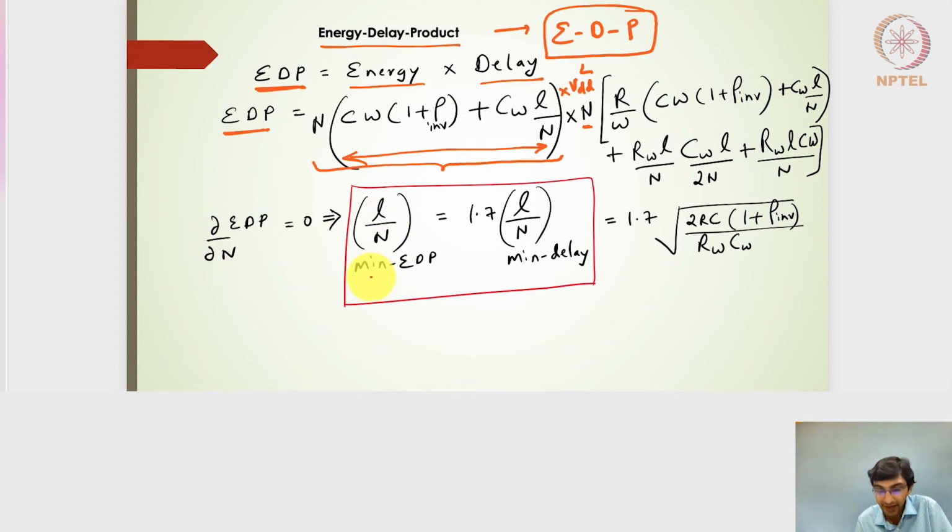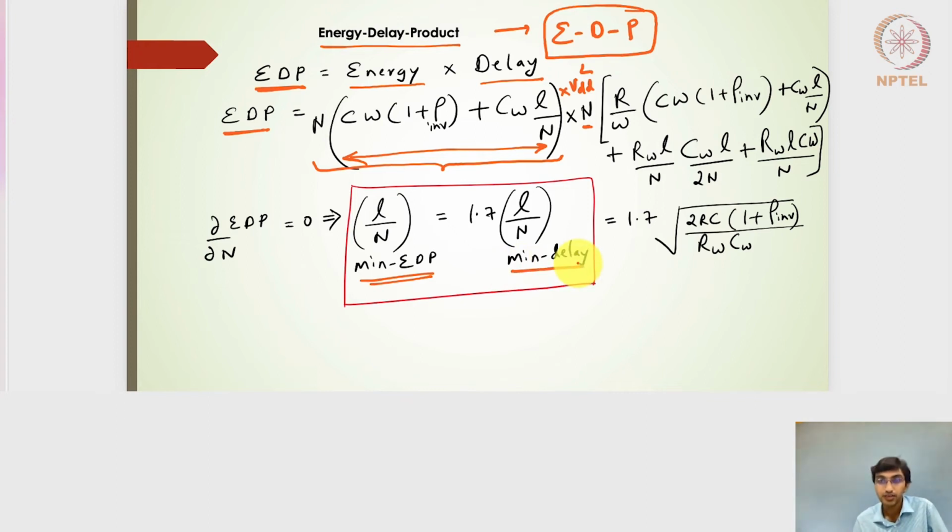So we will get the optimum expression for L by N for getting the minimum EDP. It turns out that the optimized L by N for achieving the minimum EDP is nothing but 1.7 times the L by N expression which we had got for achieving the minimum delay.